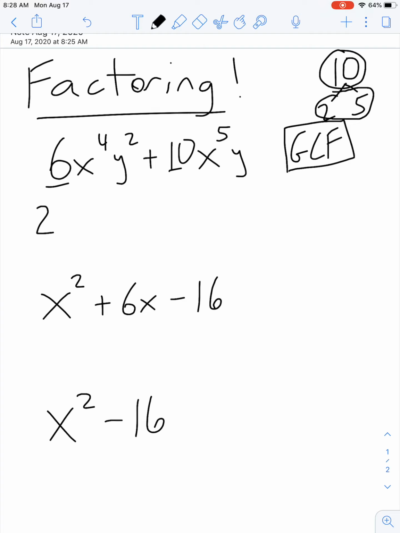Then I look at the x's, okay, and I think I have to take the same amount of x's out of every single term. And you want to take as many as you possibly can. So if I have to take the same amount and I want to take the most possible, if I have 4 x's in the first one and 5 x's in the second one, well, I can take 4 out of each one.